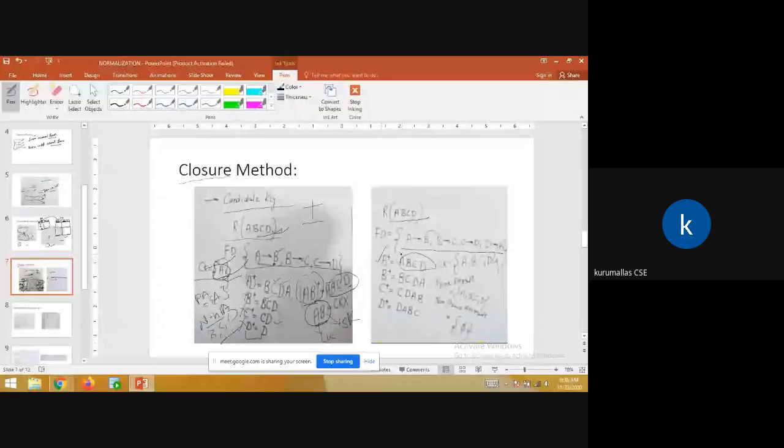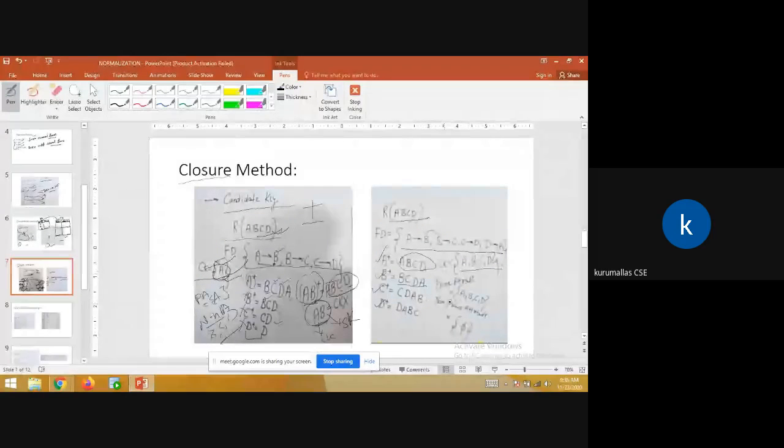So A plus is one candidate key. Next we have to check B plus. B tends to C, C tends to D, and D tends to A. This is also the actual table, we got the actual table. B is also a candidate key. Similarly we have to find C and D, so the candidate keys are A, B, C, D. These are the candidate keys.